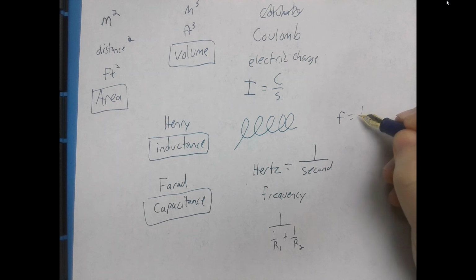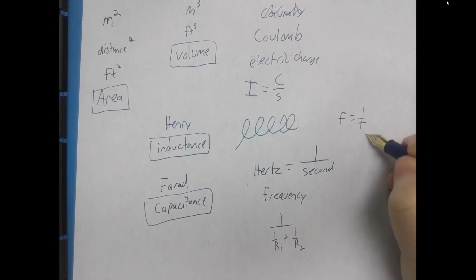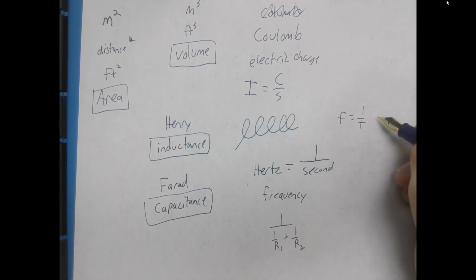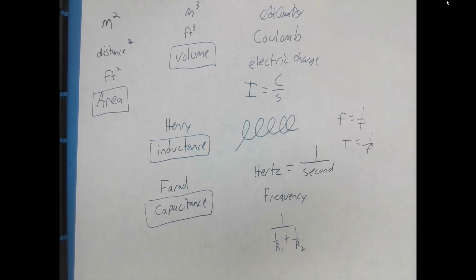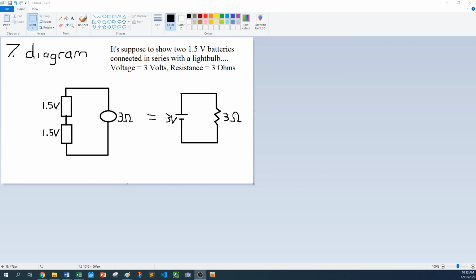Frequency is equal to 1/period. Period is measured in time, and time is 1/frequency.